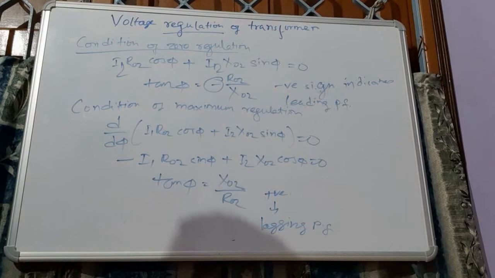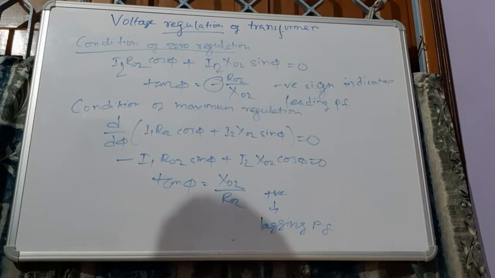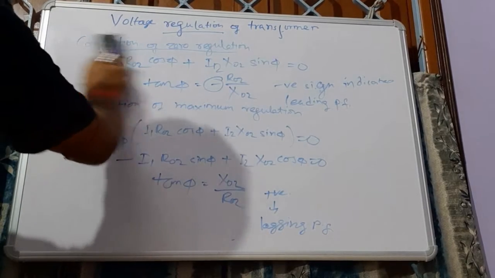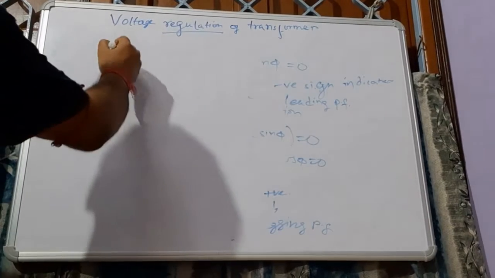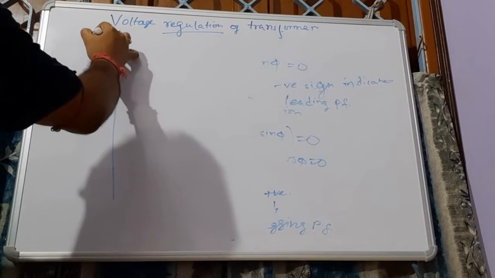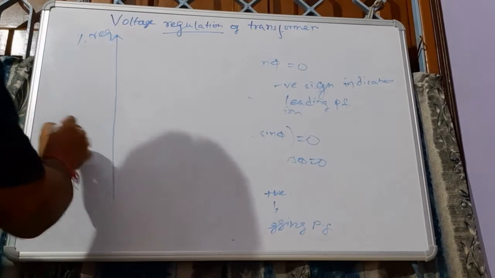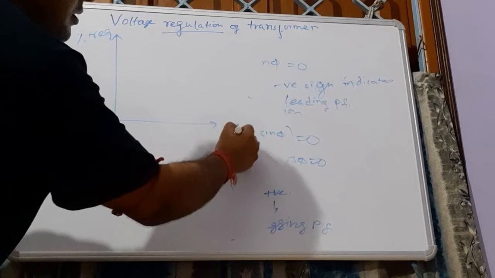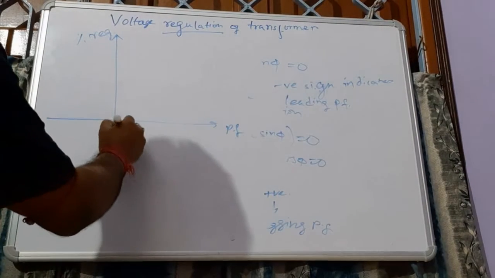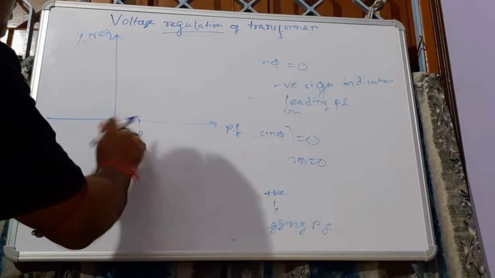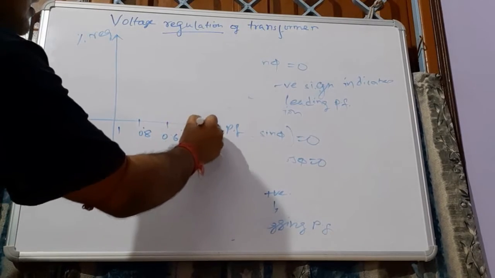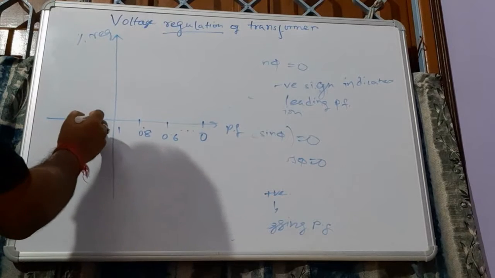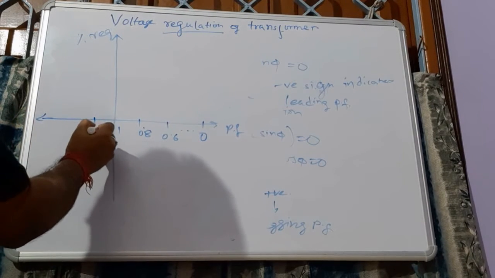Okay, lagging power factor. Now if I plot the power factor versus regulation plot, the y-axis denotes the percentage regulation and the x-axis denotes the power factor, and this is 1, say 0, so suppose this is 0.8, this is 0.6, this is 0, and in this axis we get negative power factor.